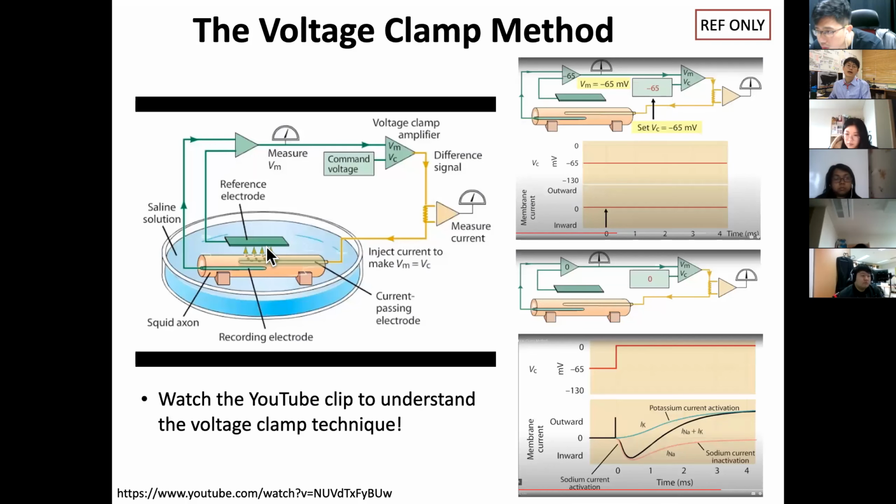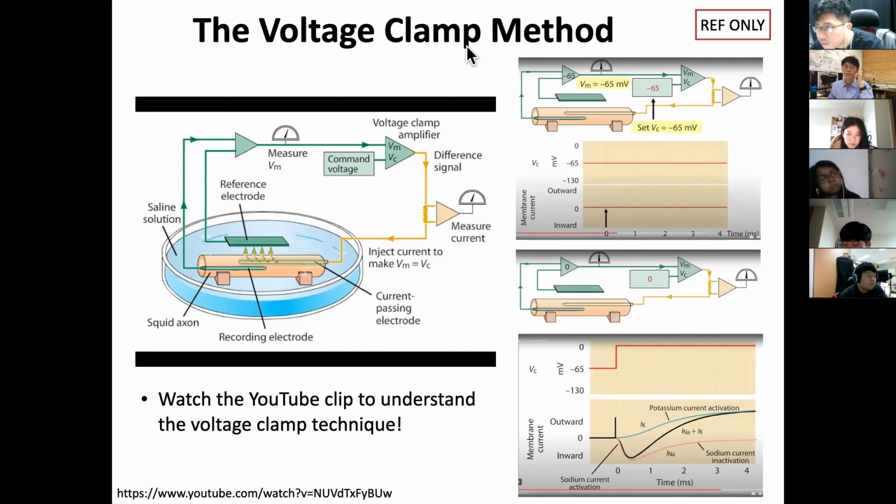Okay, so I already gave you the YouTube movie about the voltage clamp method. If you haven't done so, you watch this YouTube, and you are actually looking at Nobel Prize winning experiments. So just briefly go through. There was a squid axon.